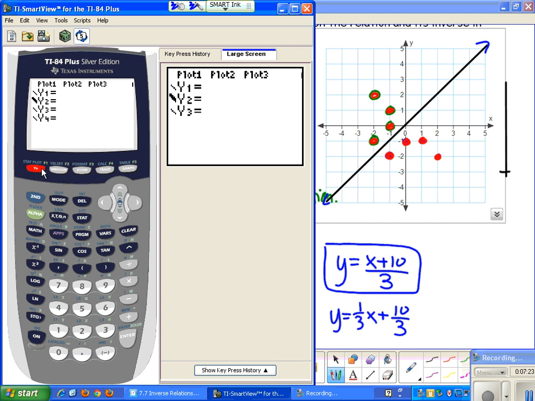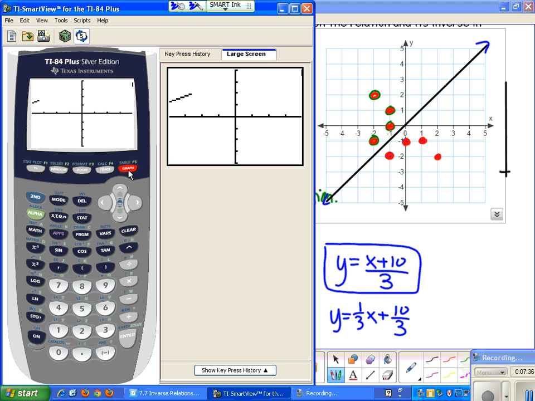So if I plug this into my y equals on my calculator, I have x plus 10 divided by 3, and I just wrote this equation over here. If I hit graph, notice the graph is just a line where my slope is 1/3 and my y-intercept is 10/3.